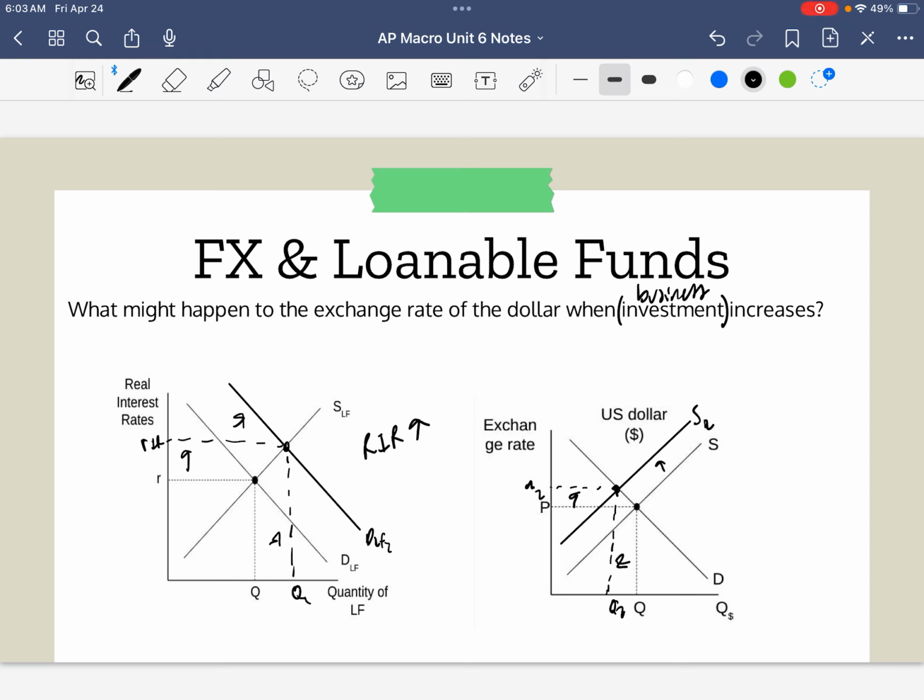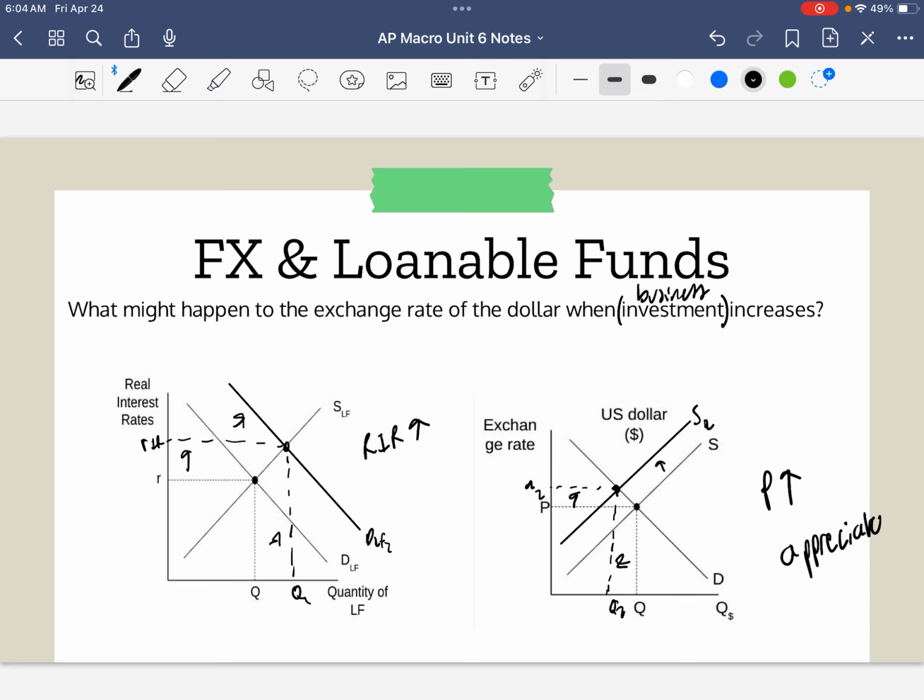Either way, whether you say demand goes up because foreign investors are demanding the US dollar, that would make the price of the US dollar go up. Or when foreign investors go to the foreign exchange market and exchange their money, they're taking US dollars out of the foreign exchange market and investing it in United States banks and United States bonds. Either way, the price goes up. So this is an appreciation of the US dollar.